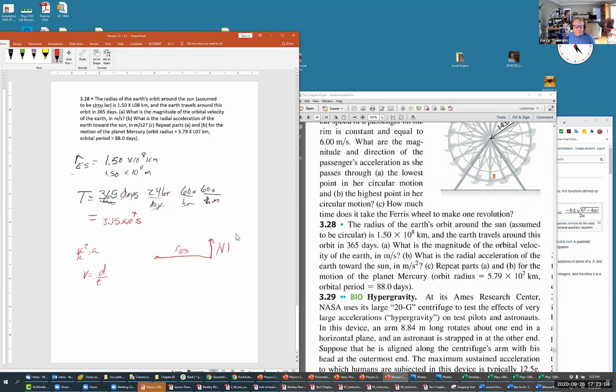Distance is going to be one circumference, so 2 pi times the radius of the Earth around the sun, divided by the period. So that's 2 pi times 1.50 times 10 to the 11th over 3.15 times 10 to the 7th.